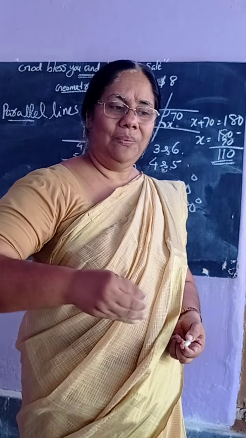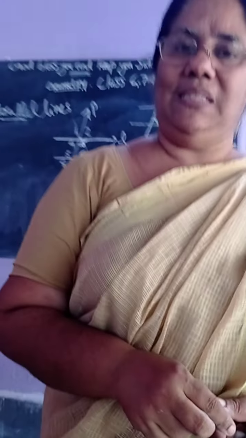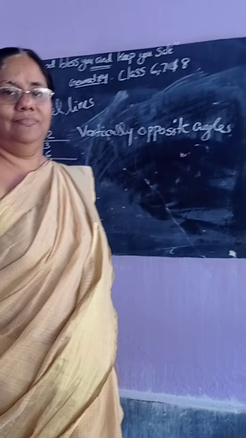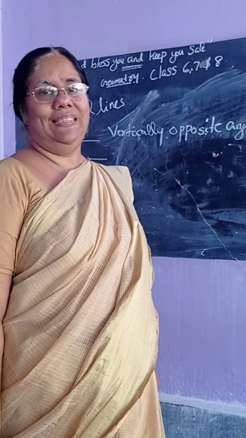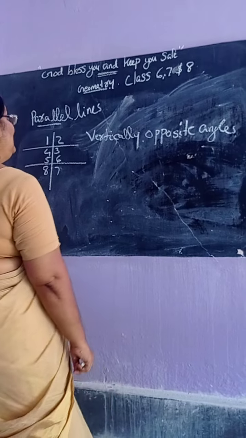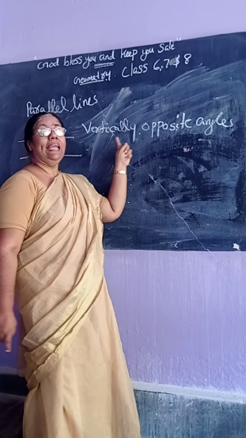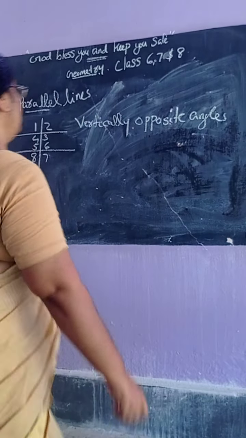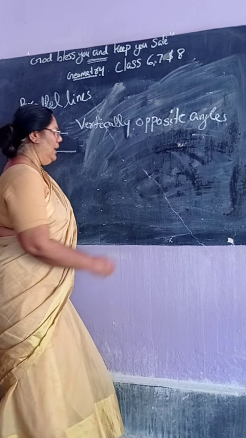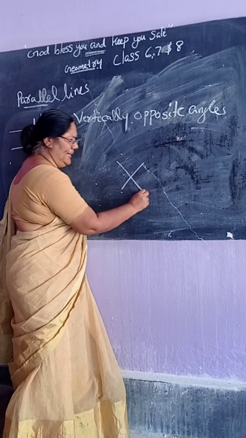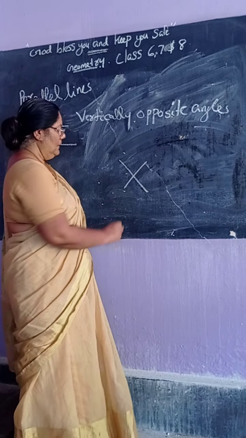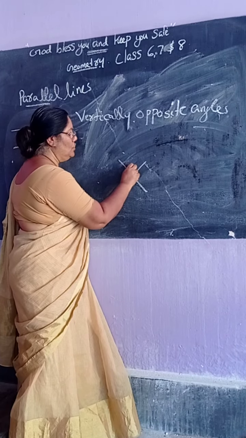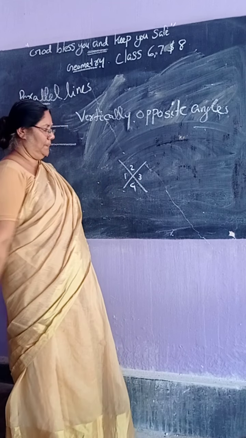Okay, now some more problems from this section. Write one by one. One more pair is there. All of you look here. It is known as vertically opposite angles. Understand? If two intersecting lines are there, then you can mark 1, 2, 3, 4.